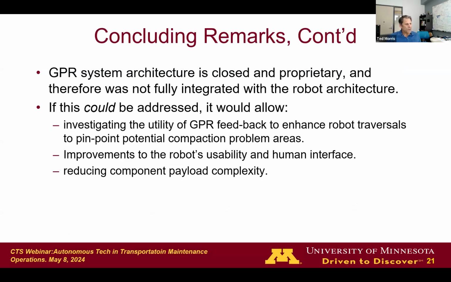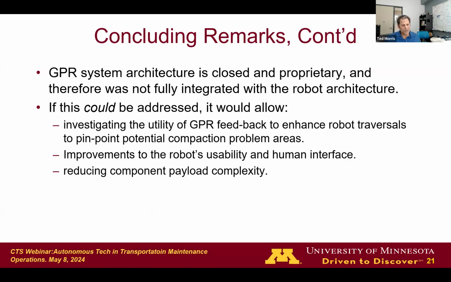The other shortcoming, I would say, with what we're doing now is that the system that was deployed is a closed and proprietary architecture. So the ideal is integration with the robot architecture, using the displacement information of the robot, and having the sensors give information not only to workers, but perhaps the robot itself, to slow down or go over certain salient areas that might be problems.